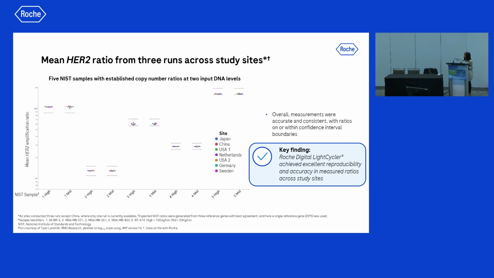So even though we're using only 1 here, we think that this accounts for why we see sample 1 bordering a little more on the higher end of the confidence interval, but still within it, as well as sample 5 on the lower end of the confidence interval. But again, still within confidence intervals. And more importantly, the same measurement ratio across all 7 sites.